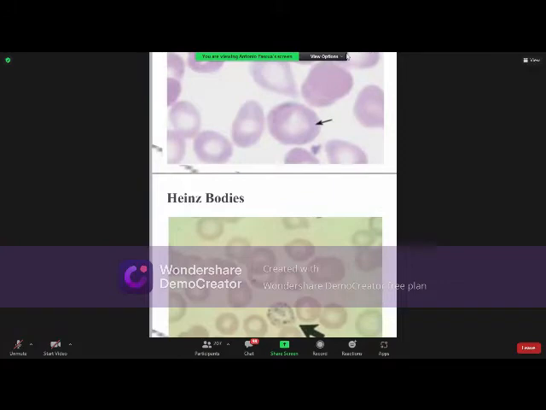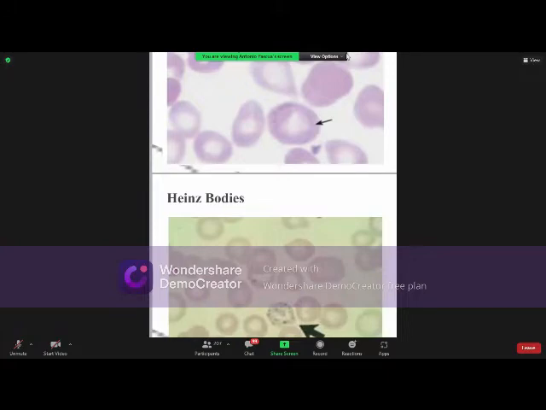When do you form Heinz bodies again? Denaturation of protein. When is hemoglobin denatured? Oxidative stress. And when will your red cells suffer from excessive oxidative stress? Deficiency in G6PD.